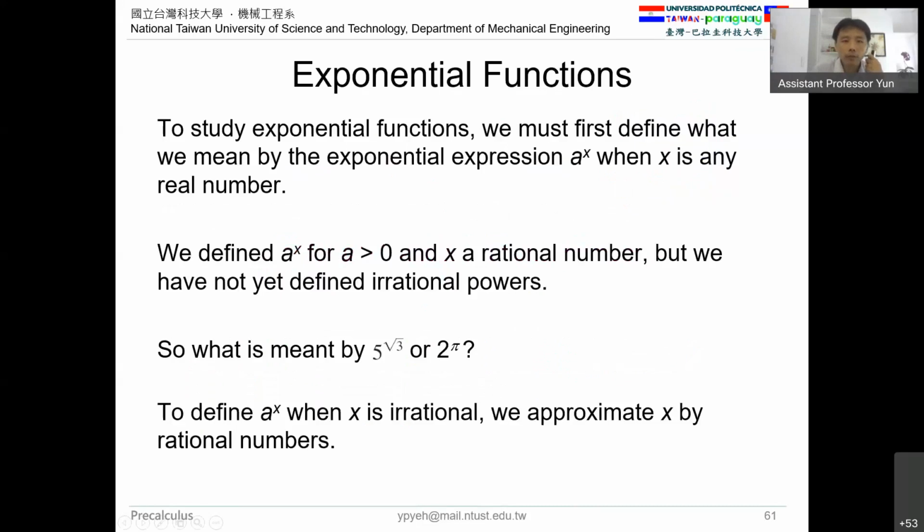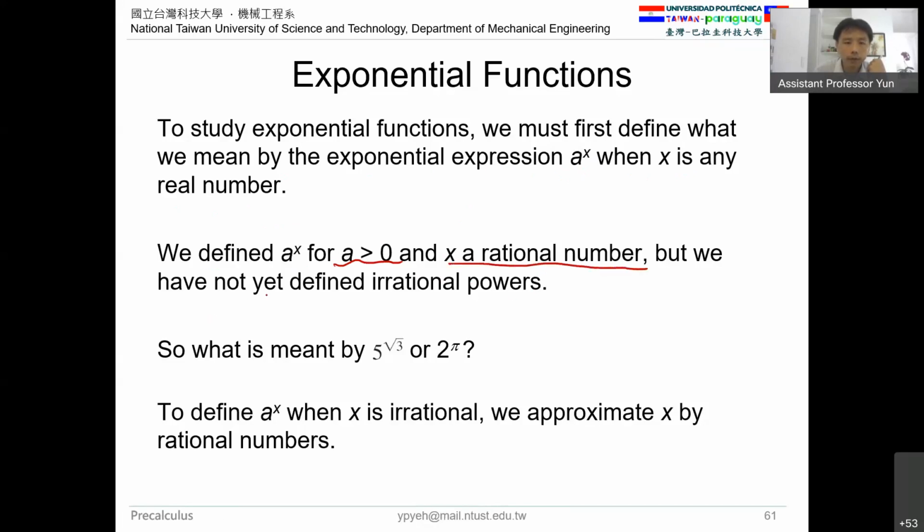So to study the exponential function, we must first define what we mean by the exponential expression a to the power of x when x is any real number. Here we define a to the power of x for a larger than zero and x a rational number.